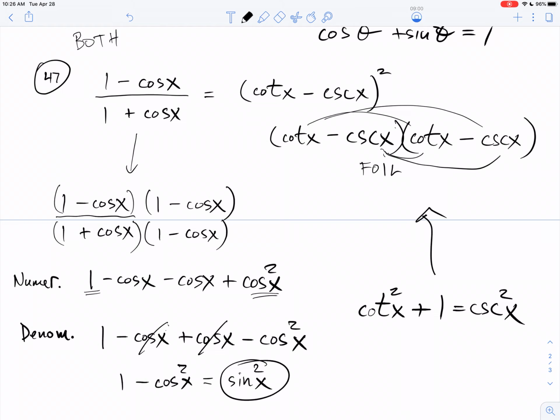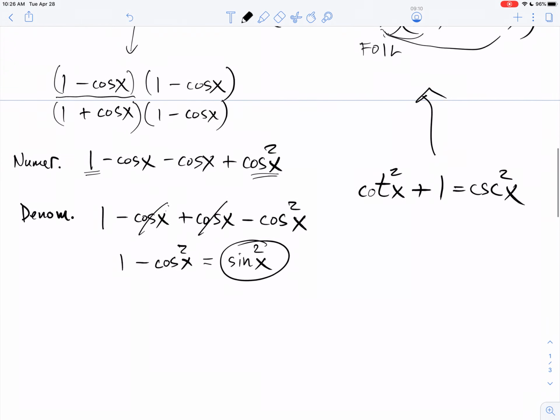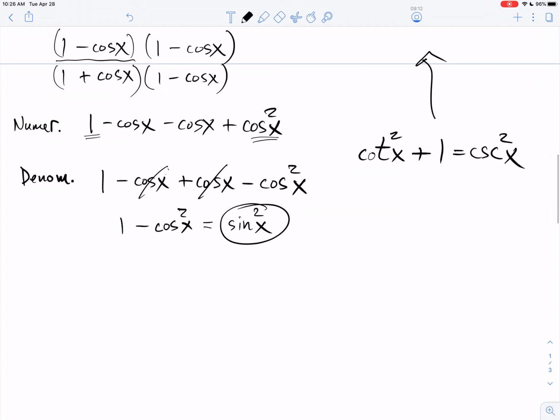It's not. That is a lie. You will not get eagle powers. But what you will get out of that mess is this: 1 minus 2 cosine x plus cosine squared x. Now that's the numerator if I combine all those like terms.